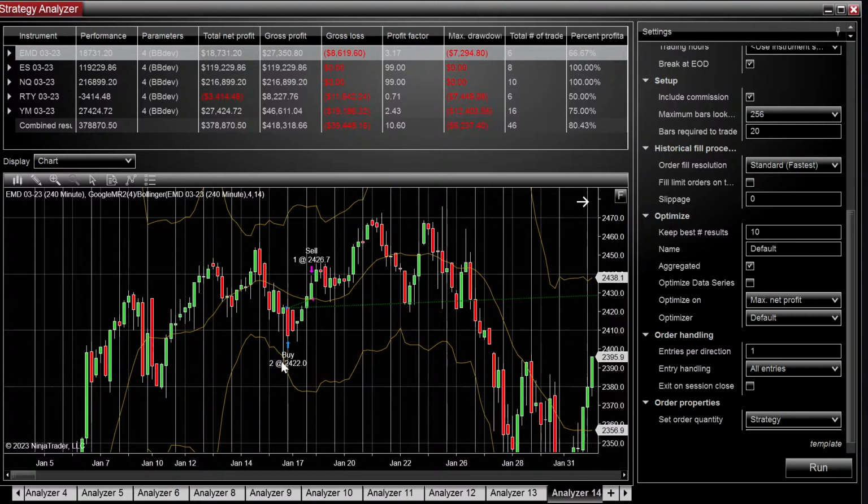Entering long, then we exit half at the midline. So this needs to happen either way. It's the other condition that would probably never happen sometimes, due to how the Bollinger Bands are.